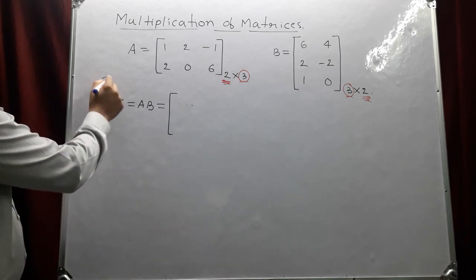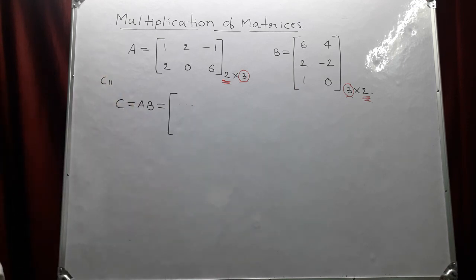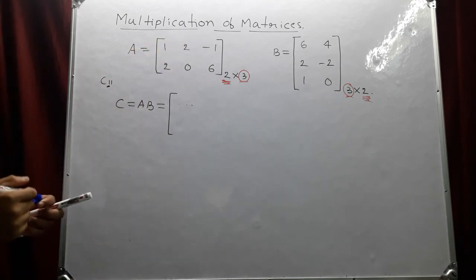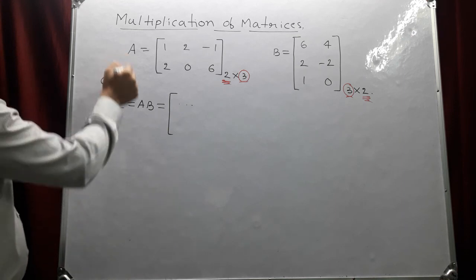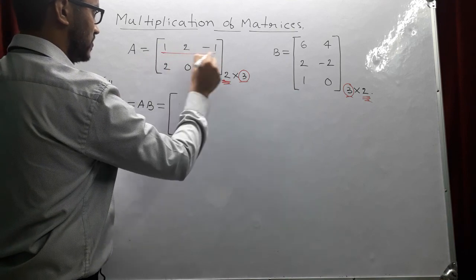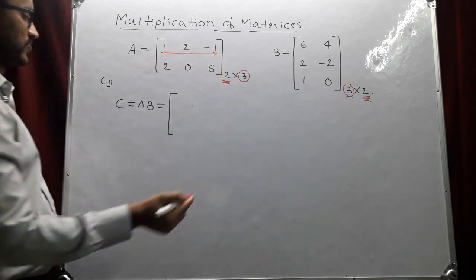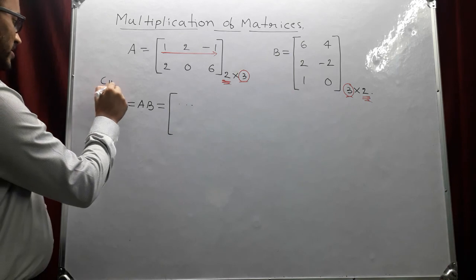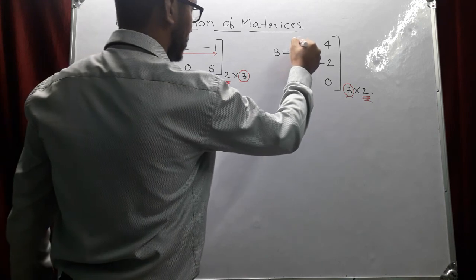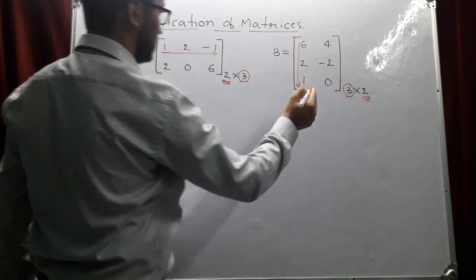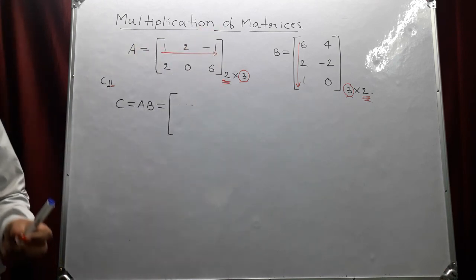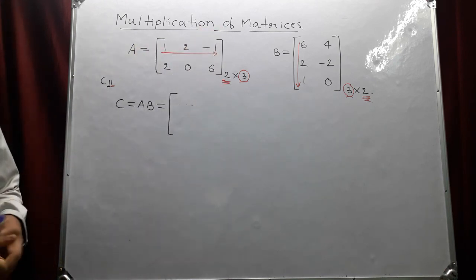To get the element C11, as I told earlier, you have to consider the first row of the first matrix. Here the first matrix is A, so this is the first row. Again, we consider the first column of the second matrix. Multiply them element wise and then take the sum.